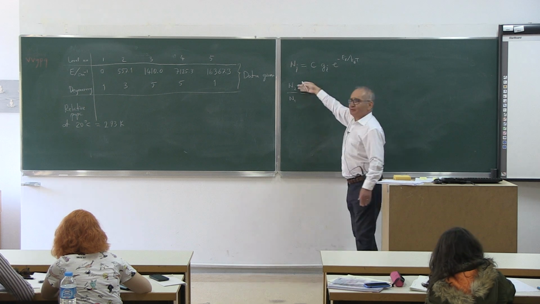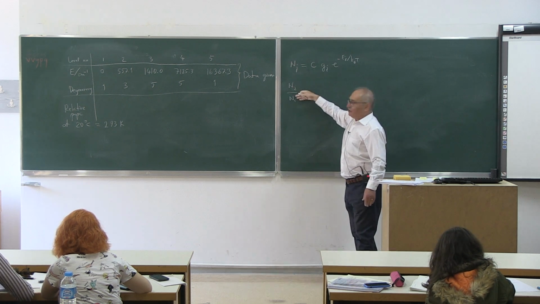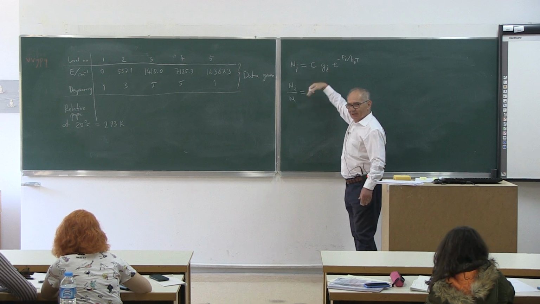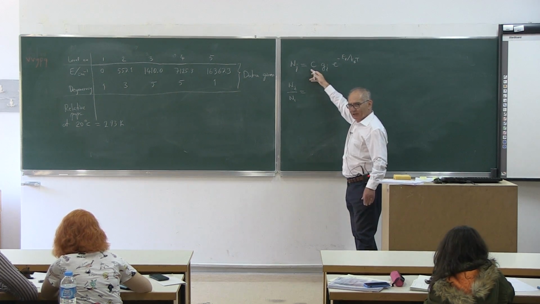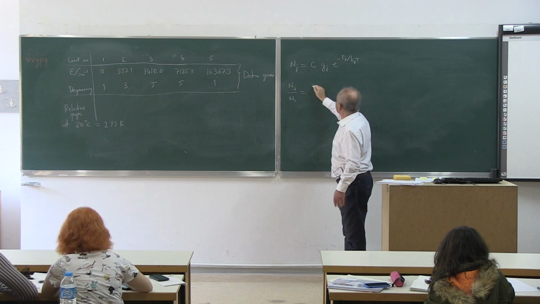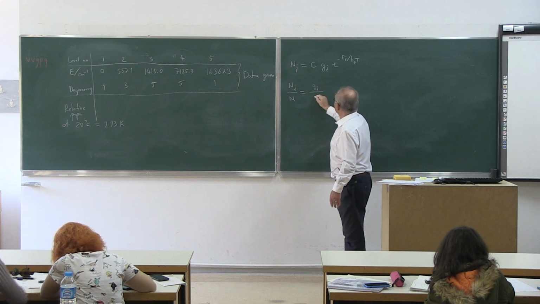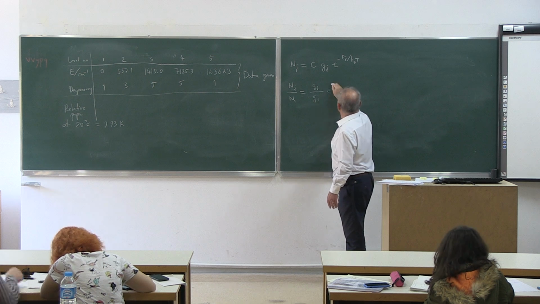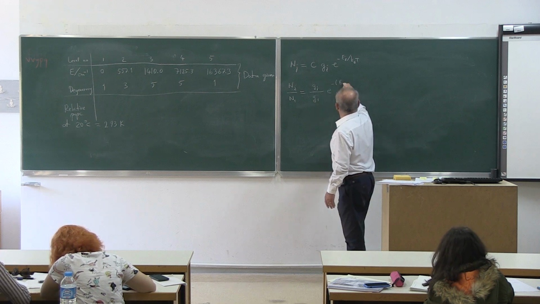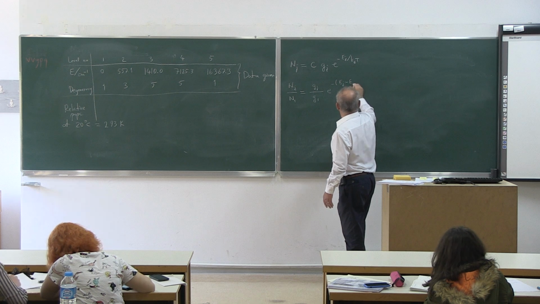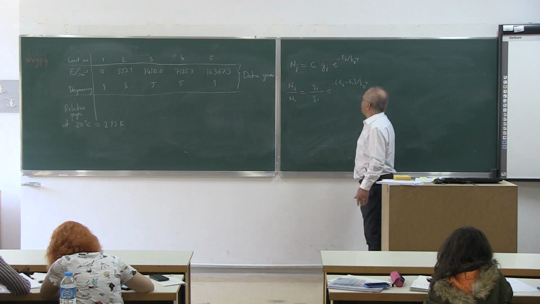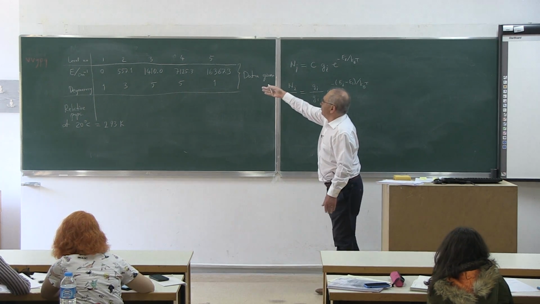The purpose of relative population is to get rid of this constant here, because when we divide, the constant will disappear.